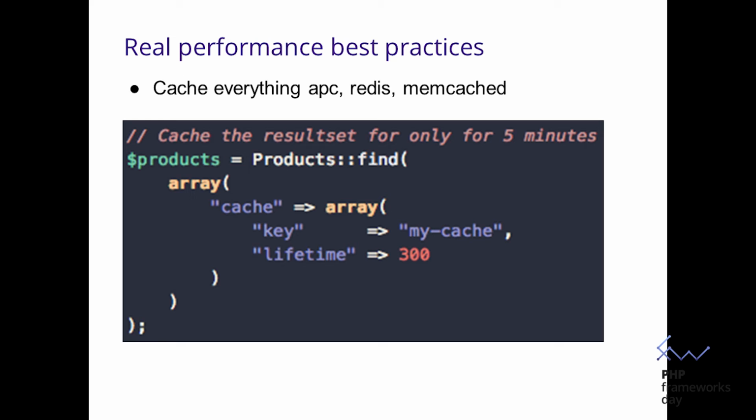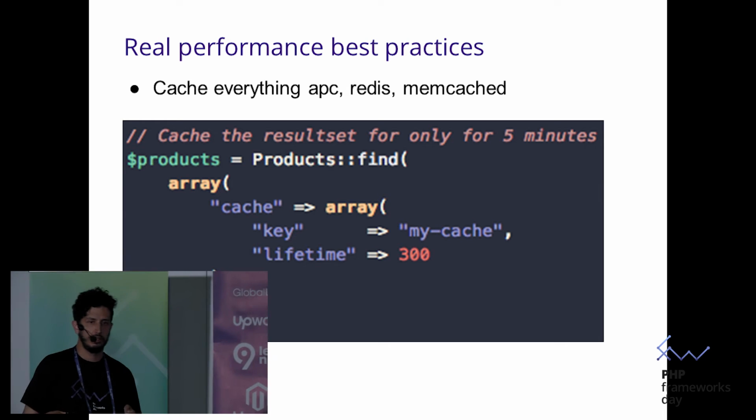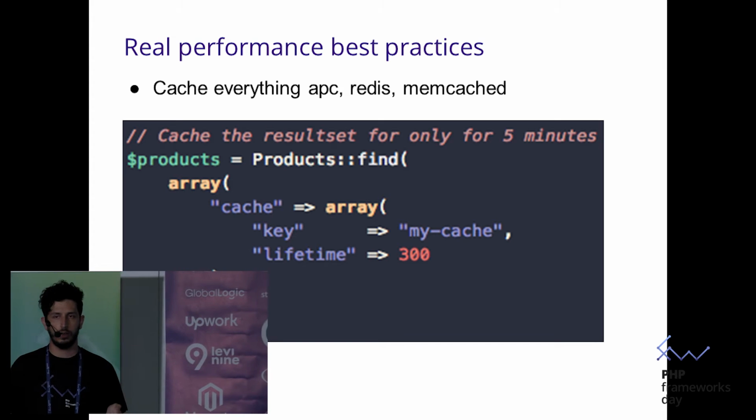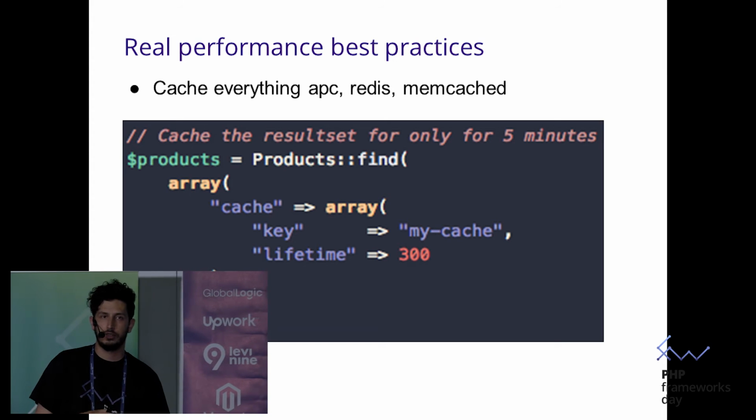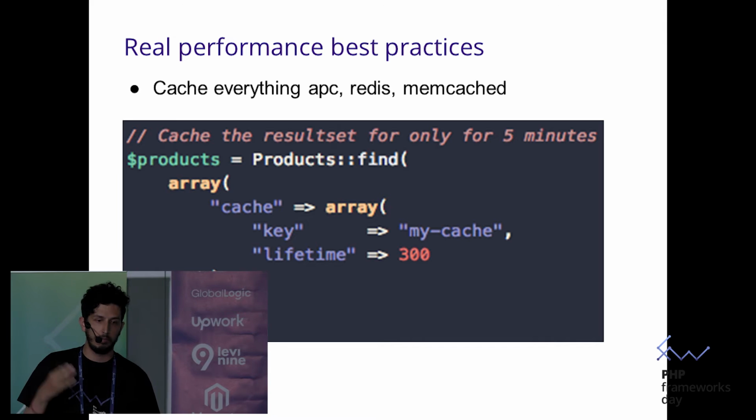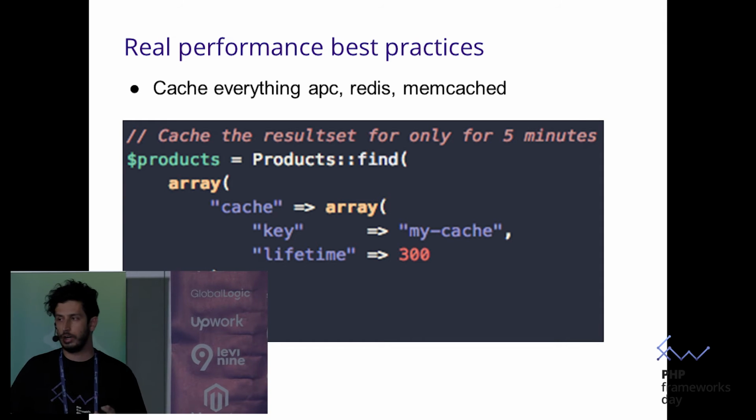What is real is that Phalcon provides all the tools that you need to create a faster application, such as cache. So we are supporting Redis, APC, Memcache, Aerospike, and many backends.